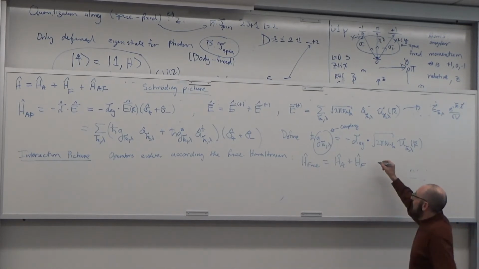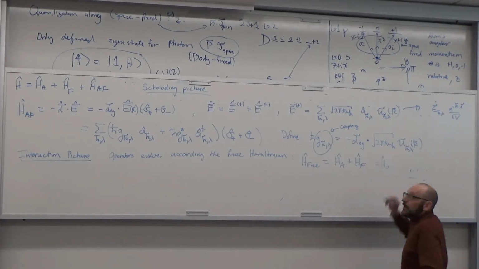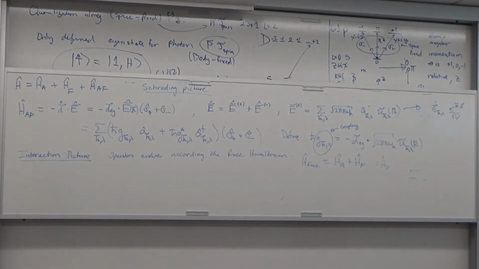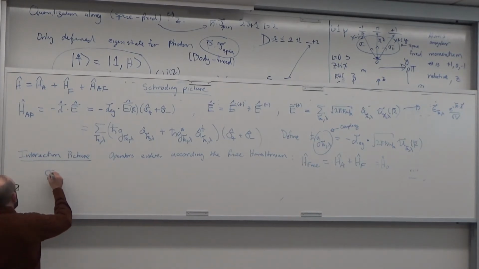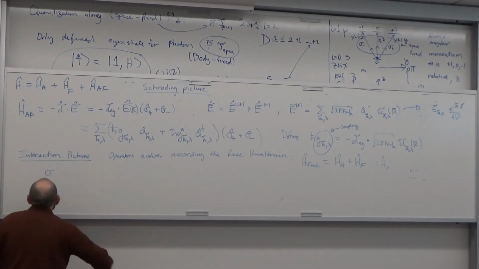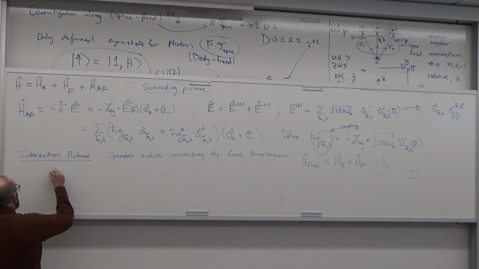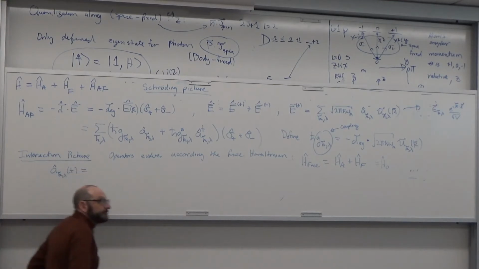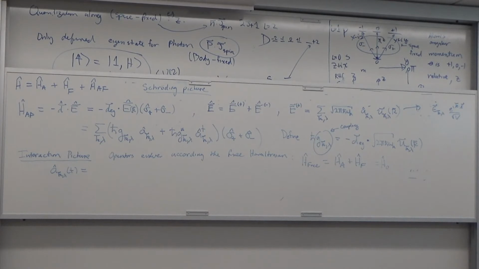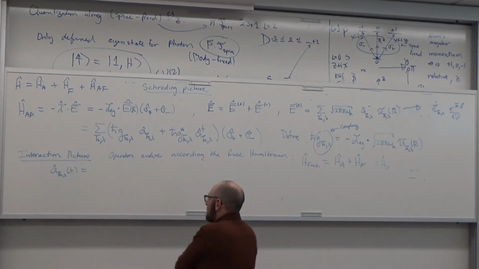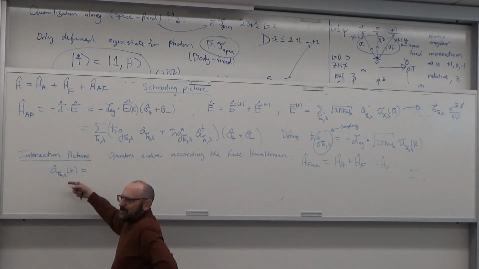So that's sometimes called H0. And the operators evolve according to the free Hamiltonian. So in the interaction picture, how does the A evolve if it's a free field? e to the iH free t on one side, e to the negative iH free t on the other. So we could do that. And do you remember the answer?